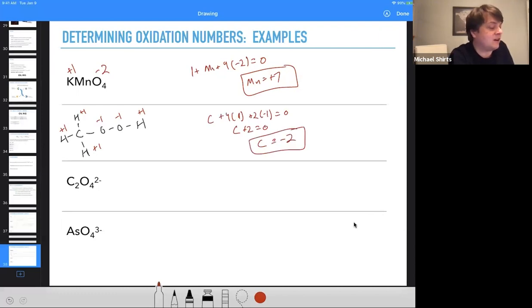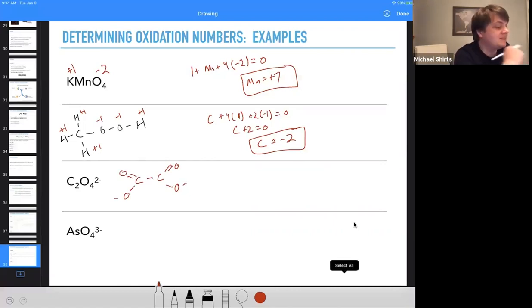It's electron positive. How about C2O4 2-? In this case, the atomic structure is C-C with the oxygens around it. We'll review how to draw these in a couple of weeks, but that's the structure it looks like. We don't know what the charge on the C is, but the O is probably going to be -2.